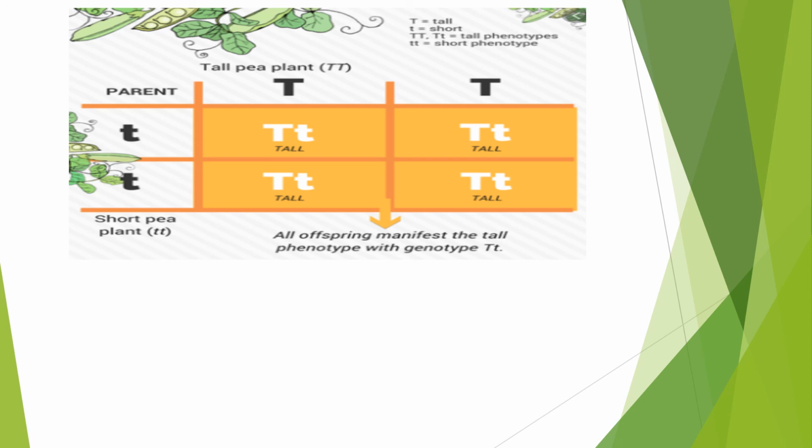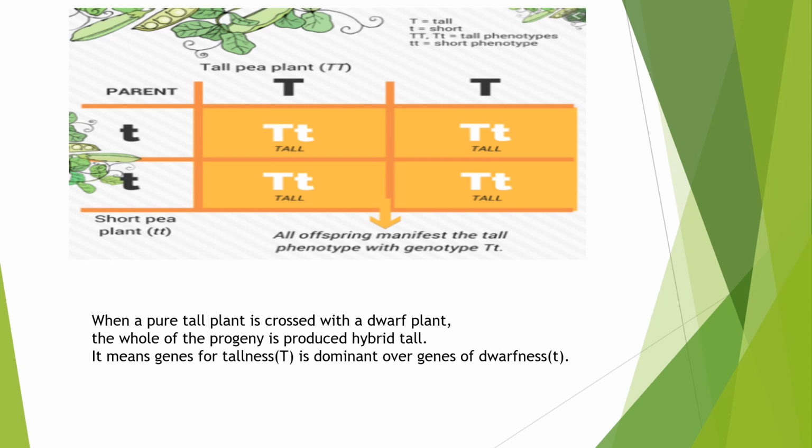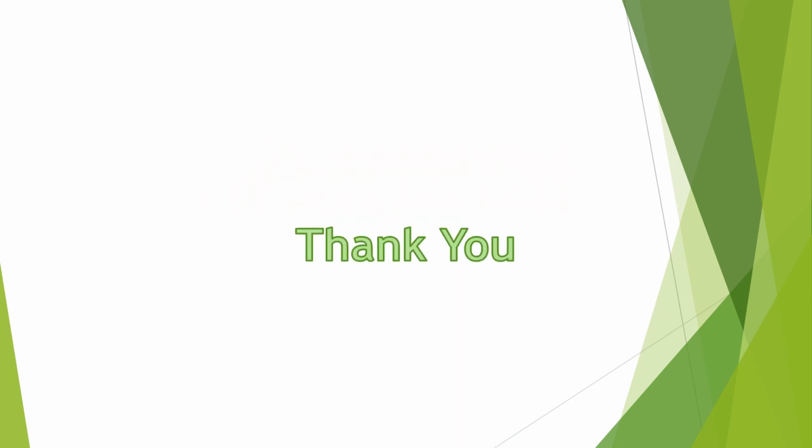That is why the small t is known as recessive and the capital T is known as dominant. So when a pure tall plant is crossed with a dwarf plant, the whole progeny produced is hybrid tall. It means the gene for tallness, capital T, is dominant over the gene for dwarfness, small t. So this is the law of dominance, how one character dominates over another, which you have to learn. Now this is all for today.